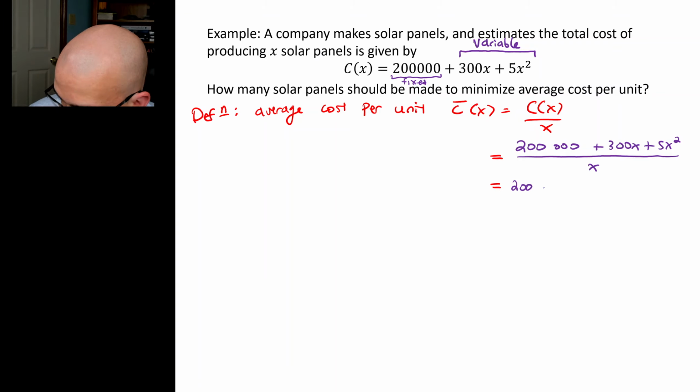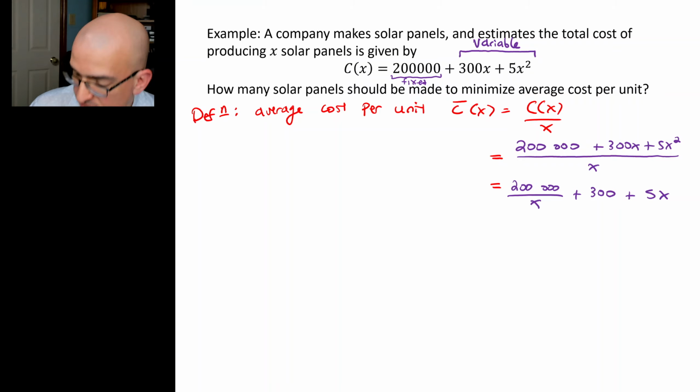So 200,000 divided by x plus 300 plus 5x. Dividing each piece by x using that rule for fractions.